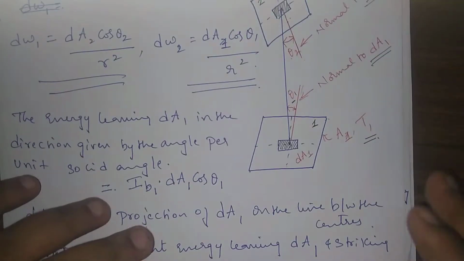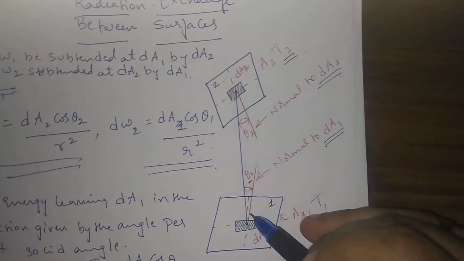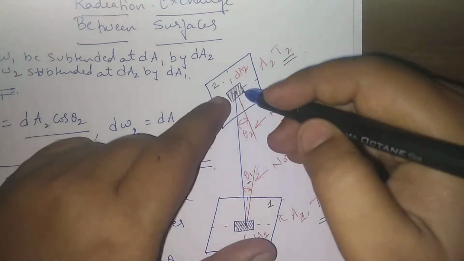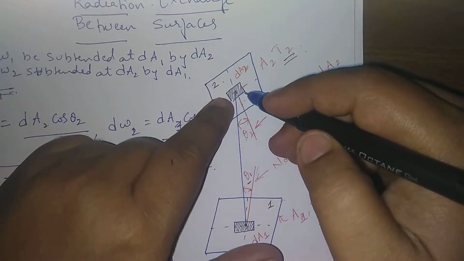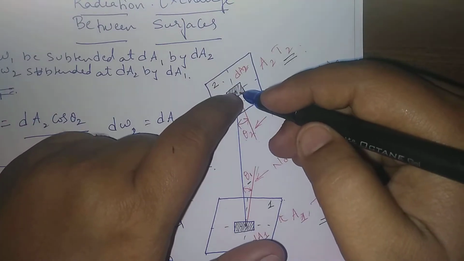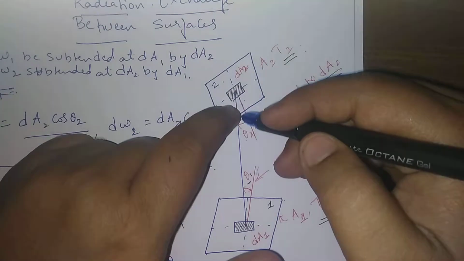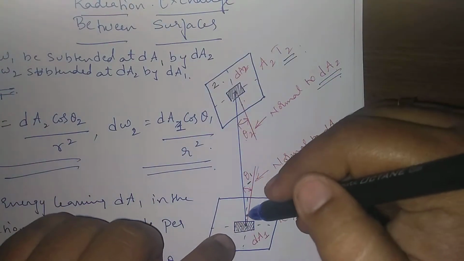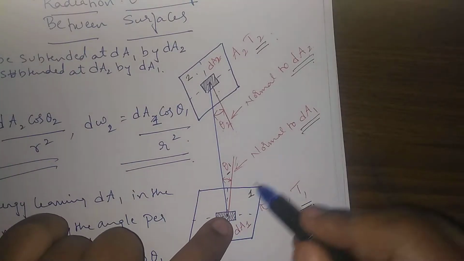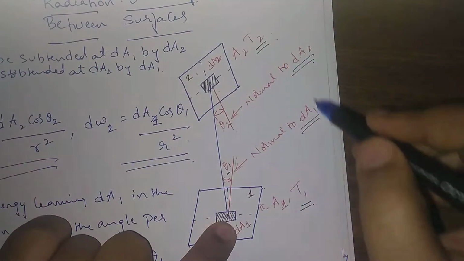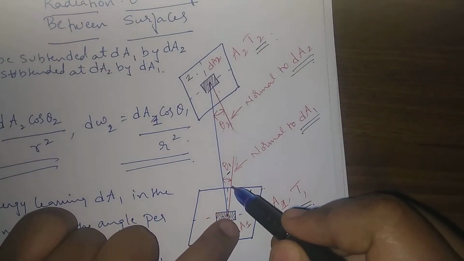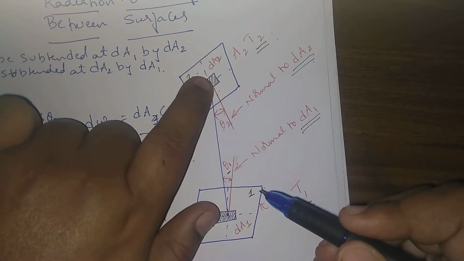So now what do we do? From 1 to 2 means whatever radiation is coming out from 1 and falling on A2, that is 1 to 2. 2 to 1 means whatever net radiant energy is coming out of this small differential area dA2 and falling on that. See, this body is radiating energy in all directions in a hemispherical manner, but not all the radiation is incident on this body.